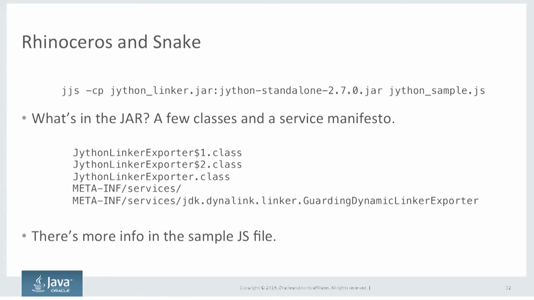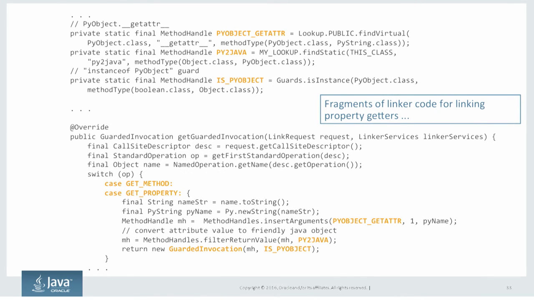And the contents of that jar file are not so much. It's really just the classes and the manifest describing what services are offered. A snippet from the source code of this linker shows some aspects of what's needed to link these property getters for Jython from Dynalink.